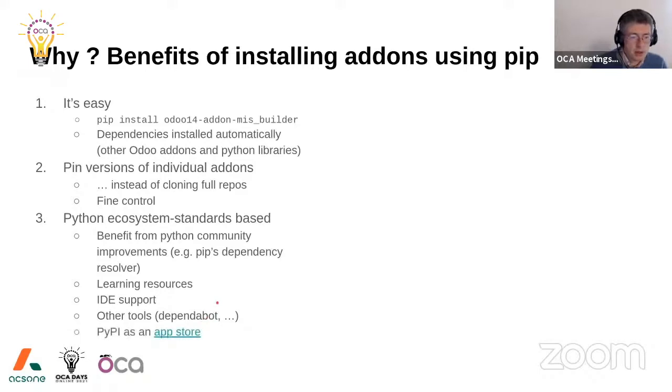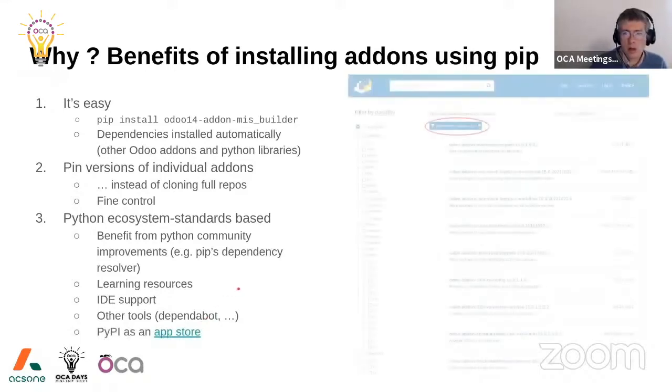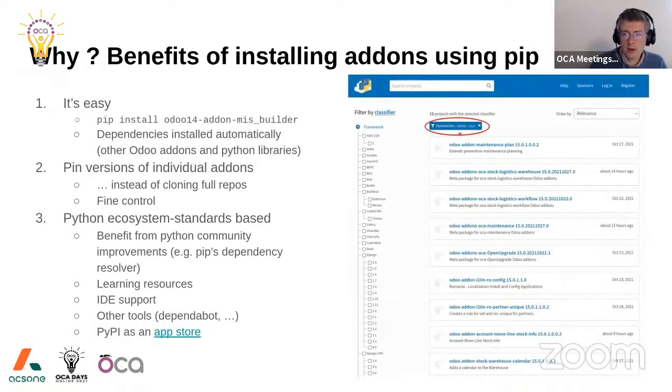And finally, you can really leverage PyPI as an app store. Since version 15, we have a version classifier for Odoo, so you can search all the add-ons for Odoo 15, and you get them there.